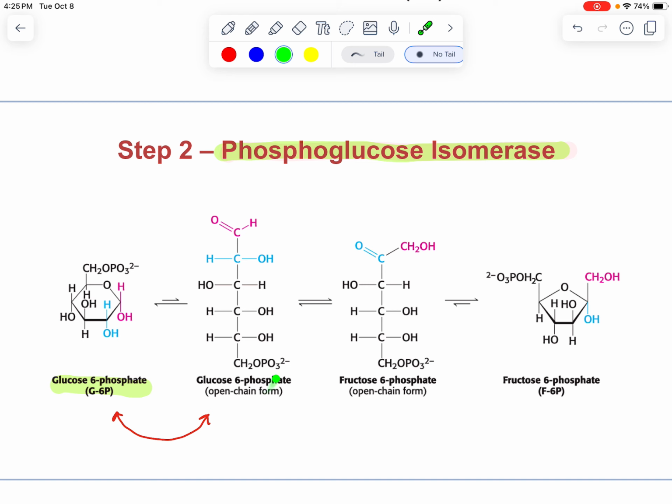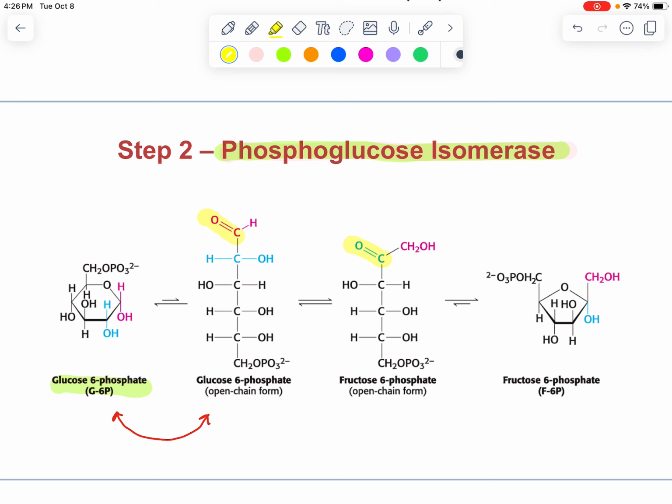And when we have that open chain form, this catalyst can act on this open chain form. And look what it does. It moves this carbonyl from the first carbon to the second carbon. Okay, so it moved it down a carbon.